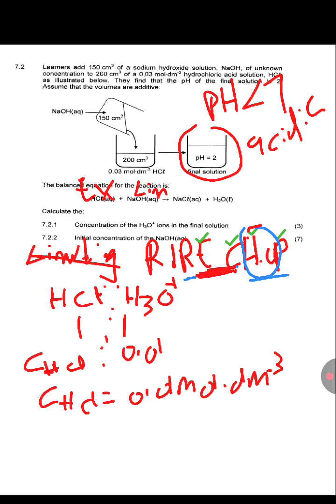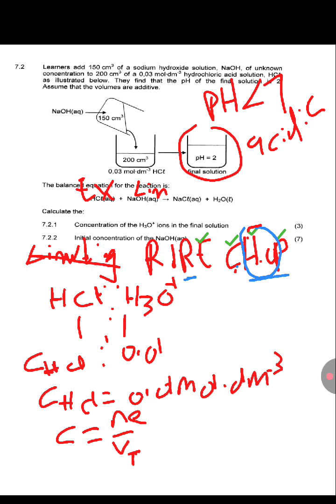This number of moles and this concentration, how are they related? They are related via the formula C equals N over V, where this is the concentration of the excess reactant, and the volume is the total volume.